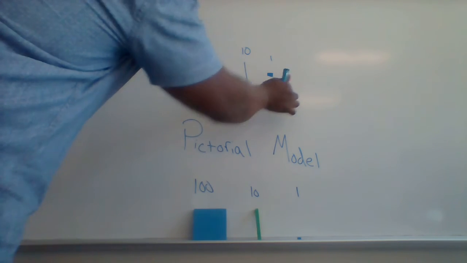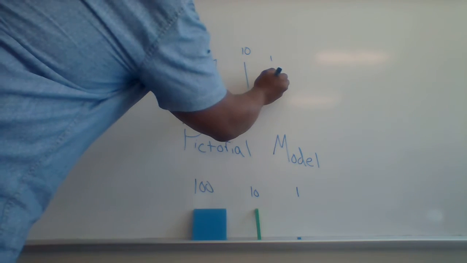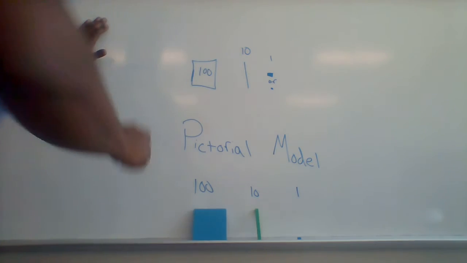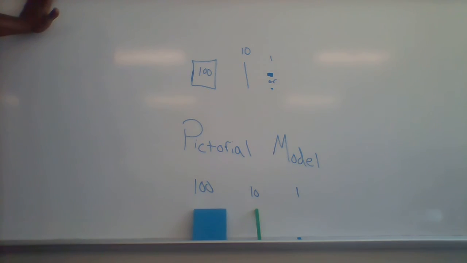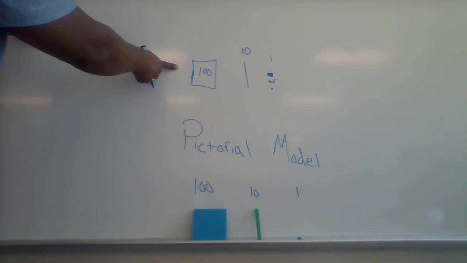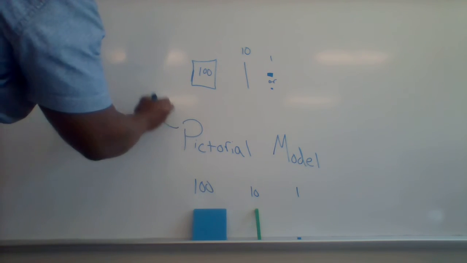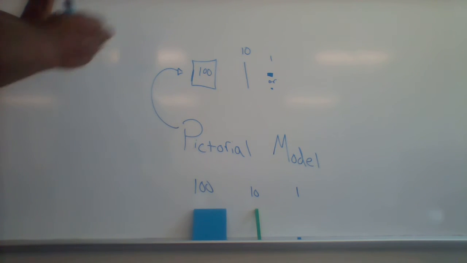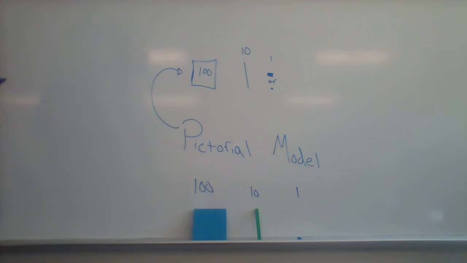Either or. Cube or a little dot. It represents 1. This is what we would call the pictorial model. This is math that is drawn using base 10 symbols.